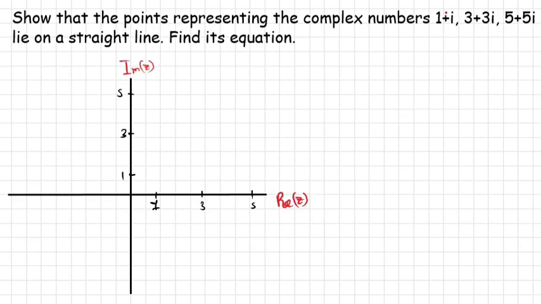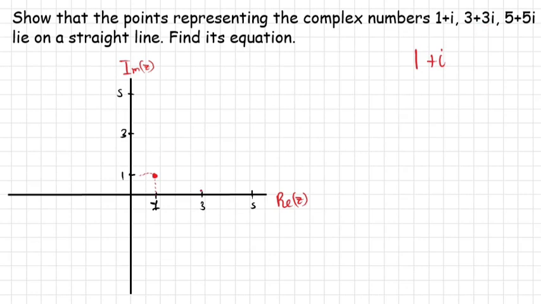So for the first complex number, which is 1 plus i, it means that in the real you have 1, in the imaginary you have 1. So the complex number is found here. Then for the second one, we have 3 plus 3i.